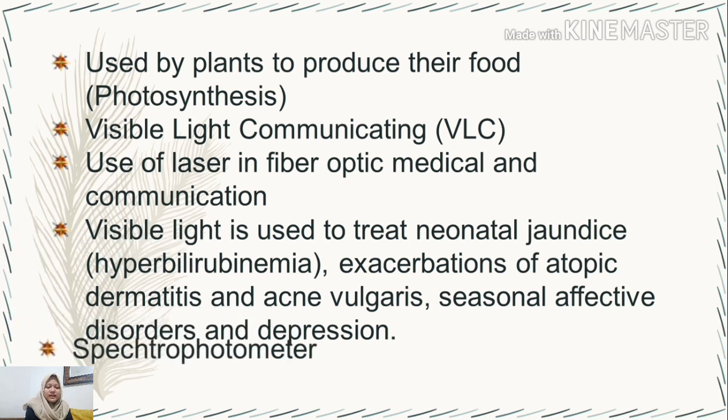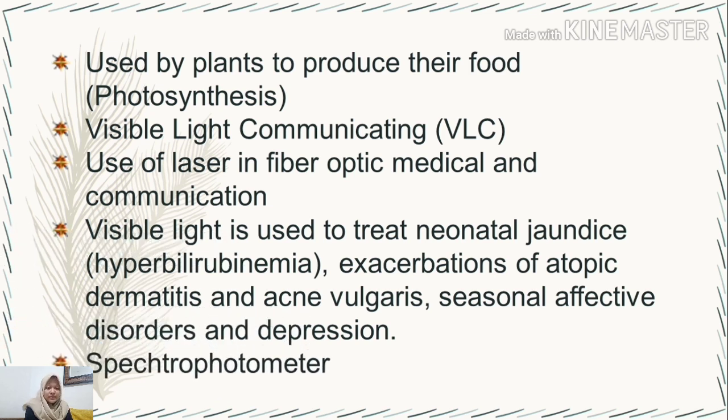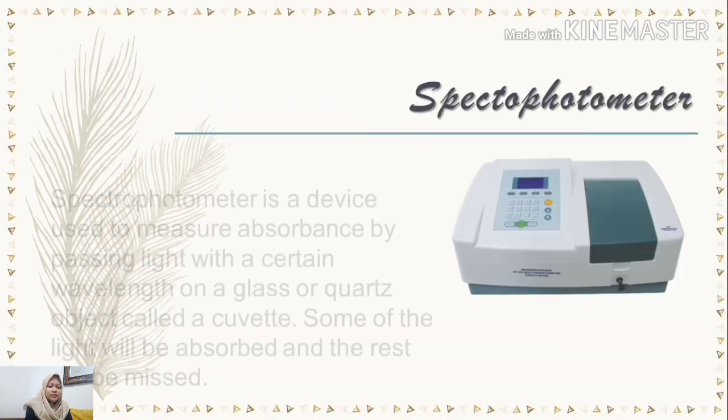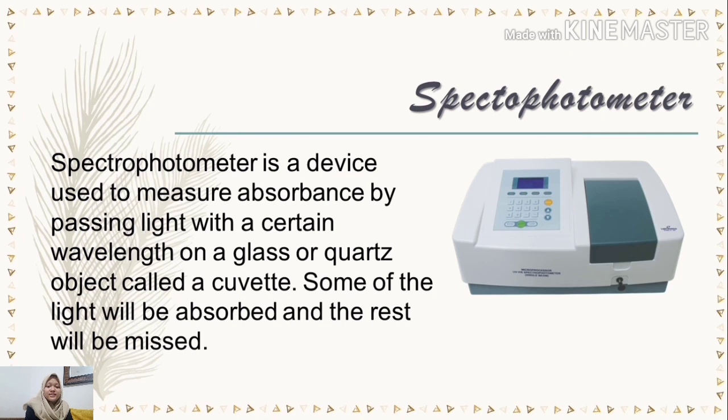And the last is used in the spectrophotometer. A spectrophotometer is a device used to measure absorbance by passing light with a certain wavelength on a glass or quartz object called a cuvette. Some of the light will be absorbed and the rest will be transmitted.